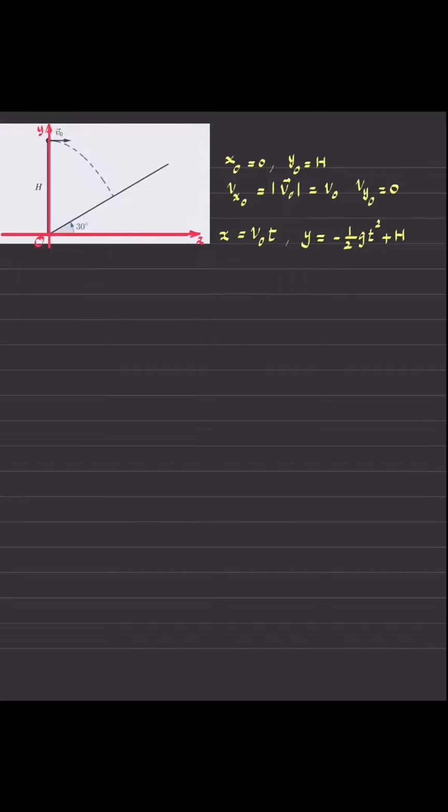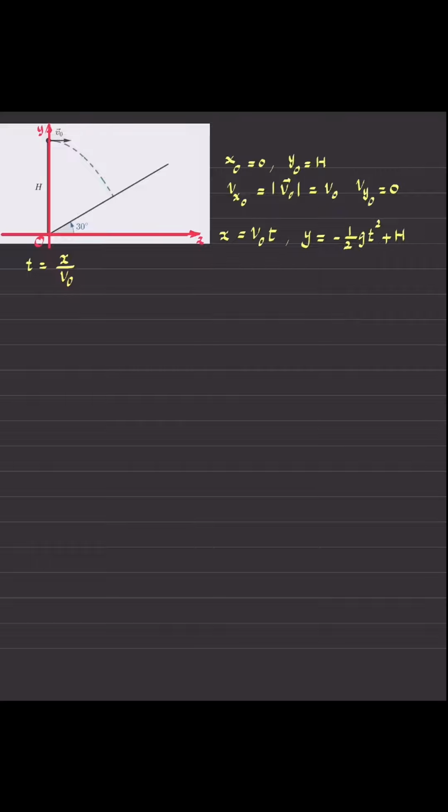Okay. If I want to find the equation of the trajectory of the motion, I should eliminate t from these two equations. So I simply take this equation and find t, which is x divided by v0, and then I plug this here instead of t. Then I will get a relation between y and x, which is the equation of this parabola, the trajectory of the motion.